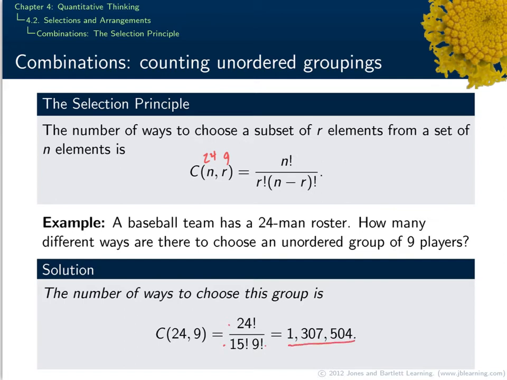It's this rather large number, about 1.3 million. But you might notice that that is much, much smaller than the number of 9-person batting orders that you could choose. What I'm trying to say here is that P(n,r) is larger than C(n,r), because in addition to counting the r objects you've selected, in P(n,r) you're counting the number of ways to order them.